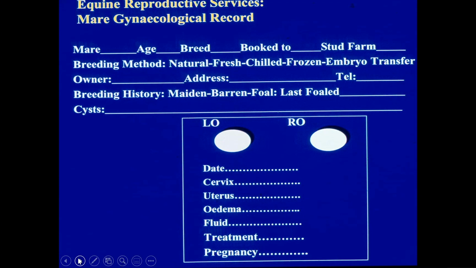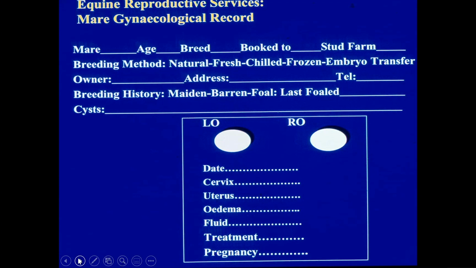As the mare is coming into the crush for me to examine, I can flick back and look at the record, so that it brings back to me, oh, this is what I found last time, or gives me information about what size follicles this mare tends to ovulate from, and so forth. So it's very important to have an accurate gynecological record.